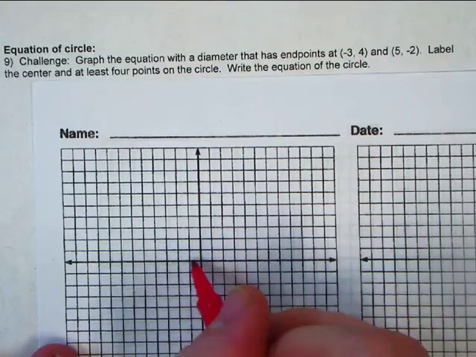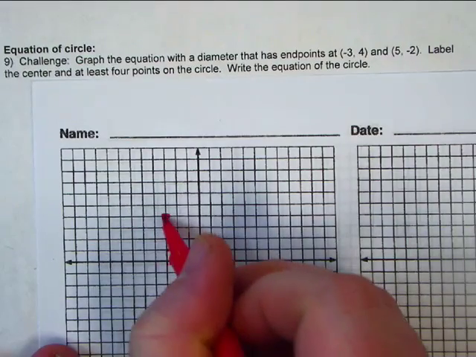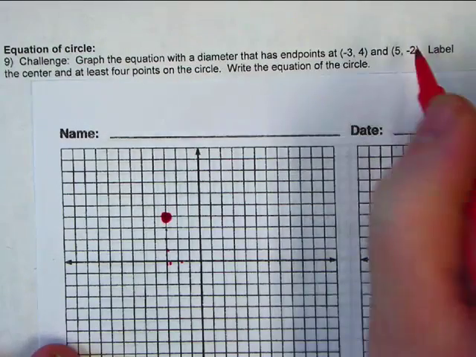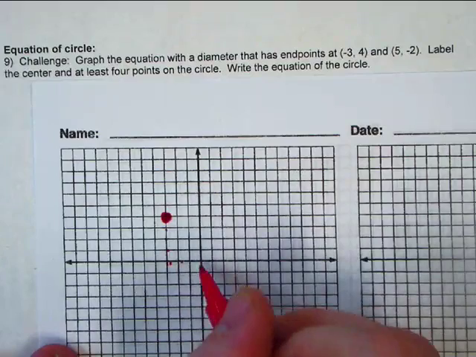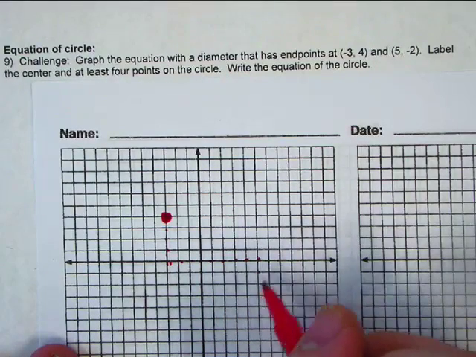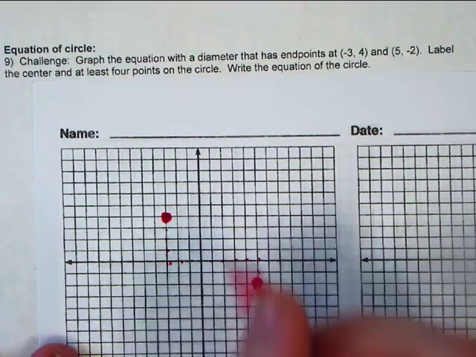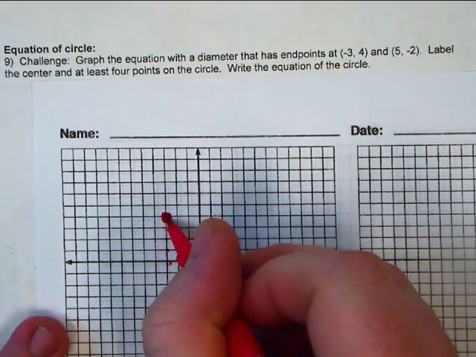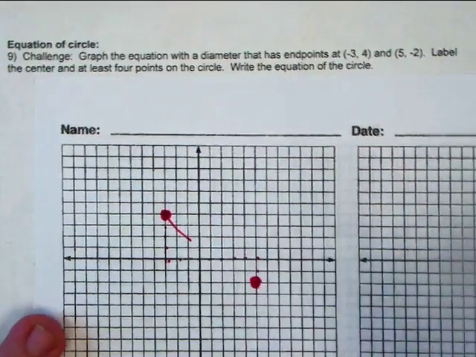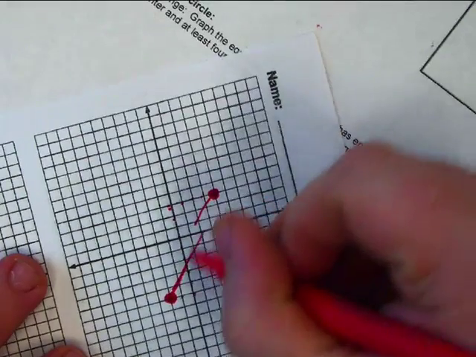So -3, 1, 2, 3, and 4, 1, 2, 3, 4. There's one endpoint, and 5, -2. So from the center again, 1, 2, 3, 4, 5, 1, 2. And we have our two endpoints. So this is the diameter, and it's best to use a ruler, but this is our diameter.